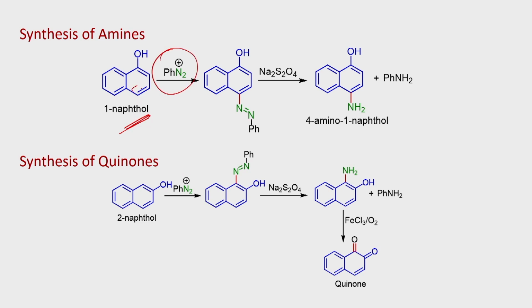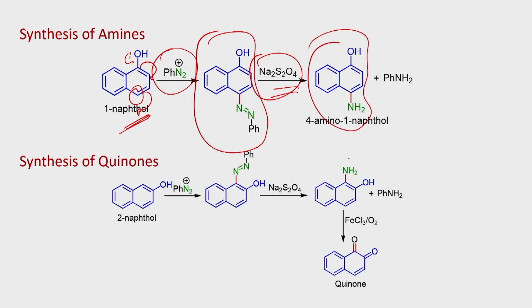Here the reaction will take place at this carbon, which is activated, as you can see here, and it can undergo addition reaction and you can get this addition product. Once we have this one, you can reduce it using Na2S2O4 and it can reduce into amine, and in this way you can prepare 4-amino 1-naphthol as a product.